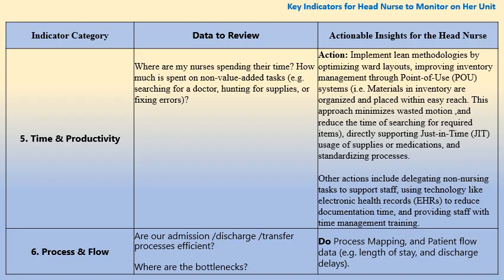Indicator 6. Process and flow. Data to review. Are our admission, discharge, or transfer processes efficient? Where are the bottlenecks? Action. Do process mapping and patient flow data, for example length of stay and discharge delays.